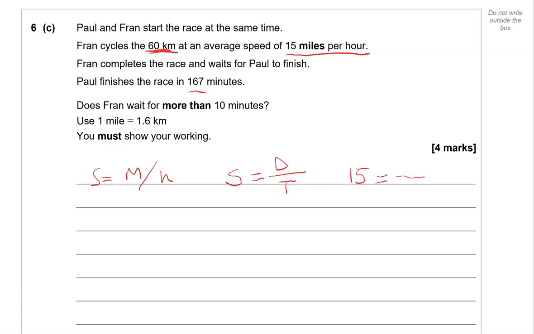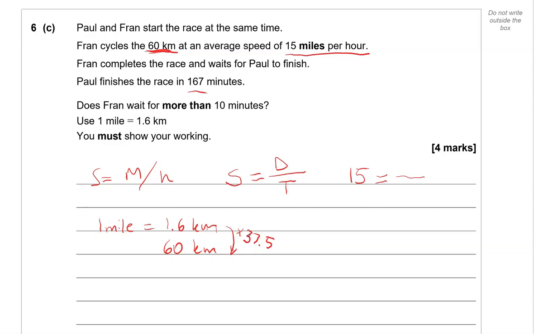So we know that 1 mile is equal to 1.6 kilometers. What about 60 kilometers? What is that equal to? So what we're going to do is 60 divided by 1.6 using a calculator, and that is 37.5.